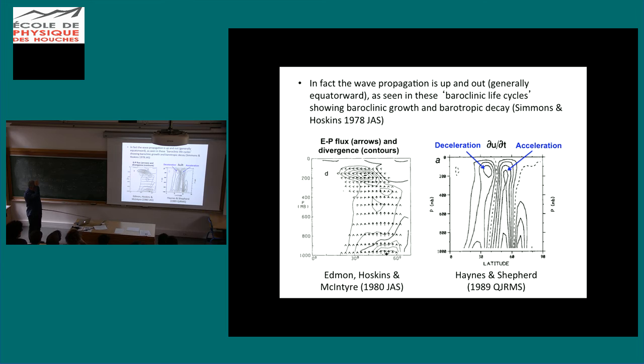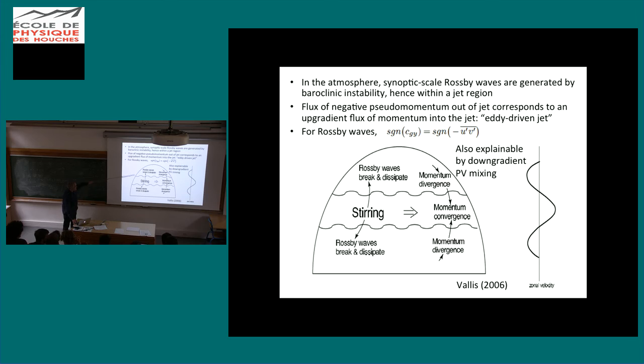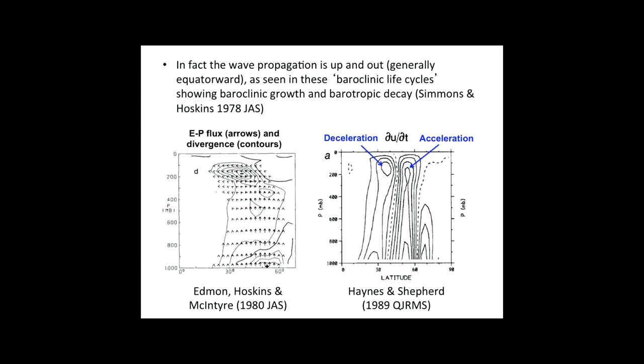And what we see is that the waves are generated. We have a source region of the wave activity right by the surface. That's the Charney mode. The Charney mode grows in the baroclinic region, with a steering level in the lower troposphere. That's our source region, and then we have a sink region because the waves propagate upwards and equatorward. So it's in this Vallis picture, we're just looking at the latitudinal part. In fact, it's up and out.